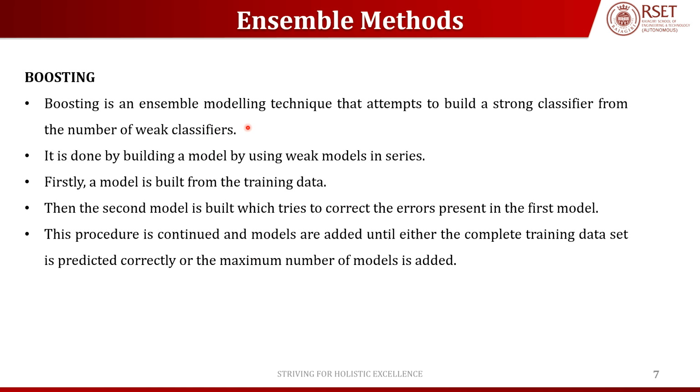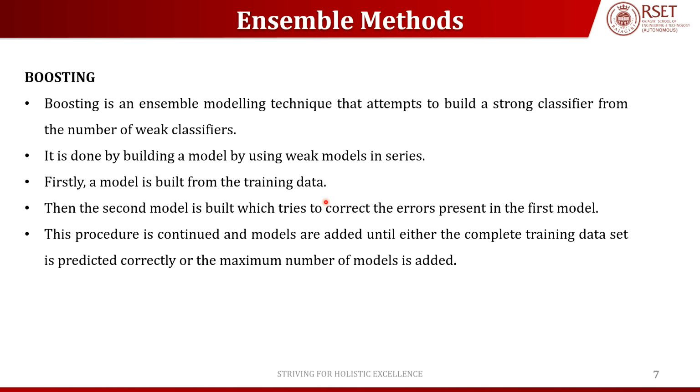Next is the second major type of ensemble method, which is boosting. And the goal of boosting is to build a strong classifier by combining a number of weak classifiers in a sequential manner. So the process is like this. We start by building a model on the initial training data. Next, we build a second model that focuses on correcting the errors made by the first model.